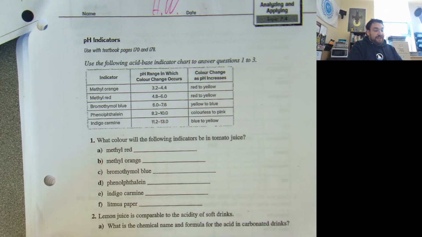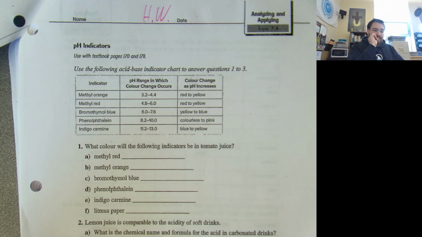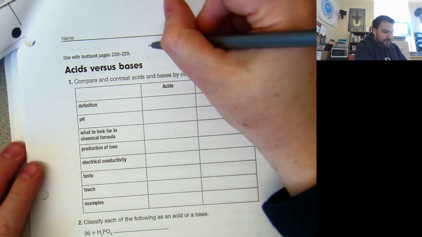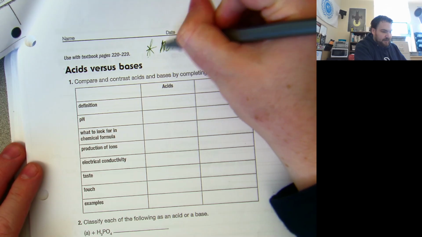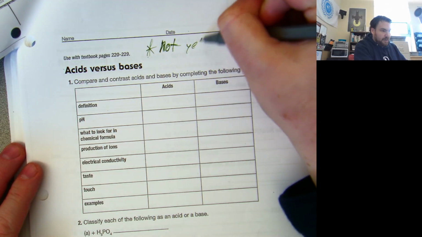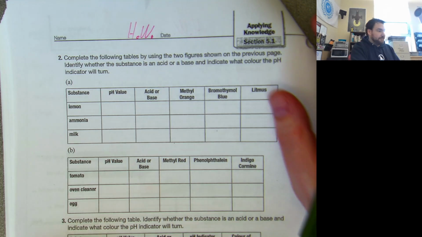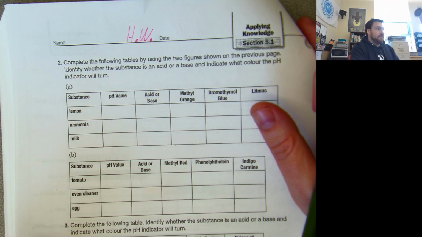I also wanted you to take a look at the pH indicators. Before you did the lab, I wanted you to do these questions. And this one we had left. We weren't going to do this one yet. That's as far as we'd gotten. We looked at these pH indicators, and then we jumped into the labs. Are we all more or less on that same page? Okay, cool.